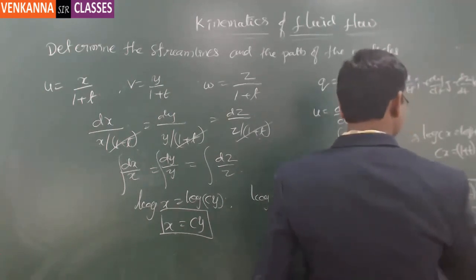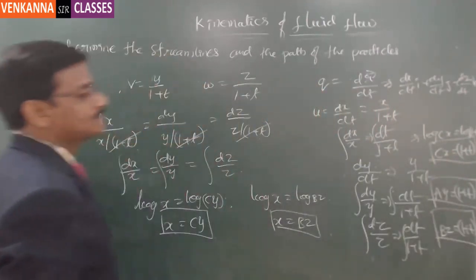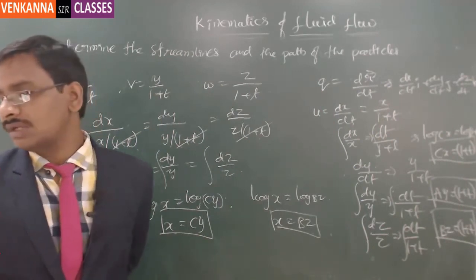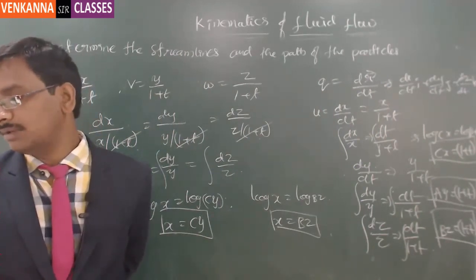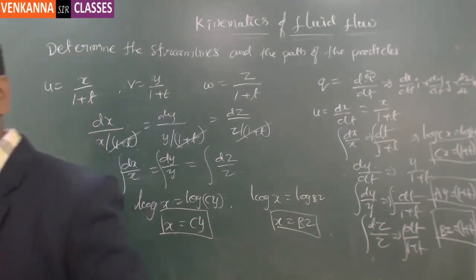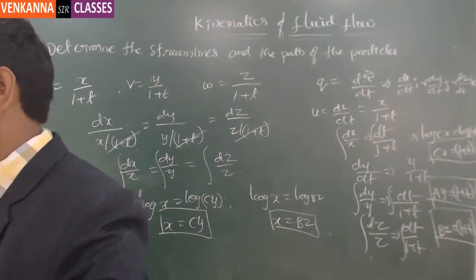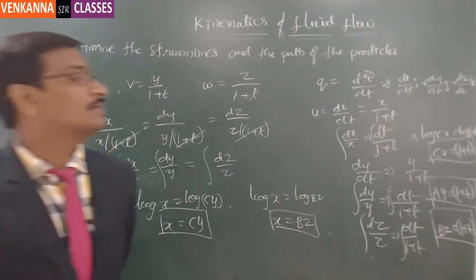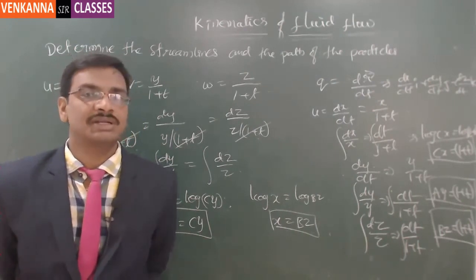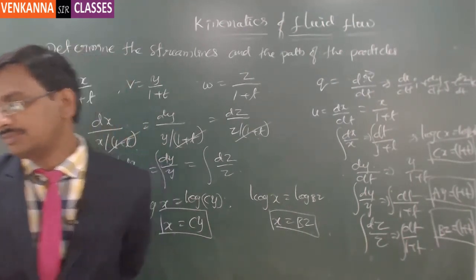Here a, b, c are the arbitrary constants. Now x is equal to 1 plus t by c, y is equal to 1 plus t by b, and z is equal to 1 plus t by a. All these are nothing but the xyz coordinates of the particle at any instant of time. So indirectly what we are trying to express here is the path of the particle at any instant. Got it?